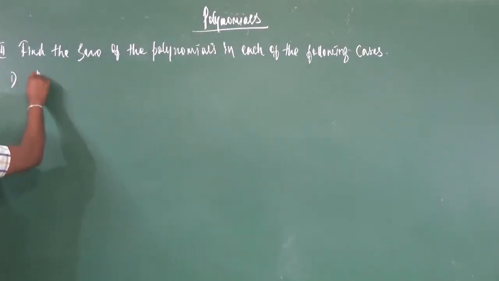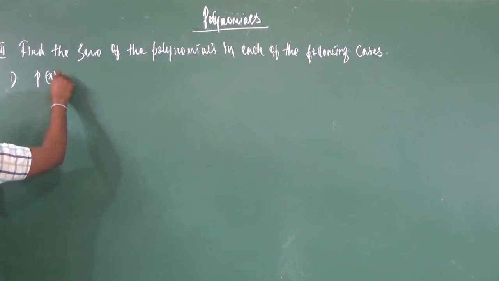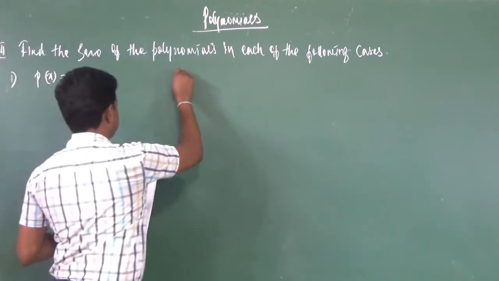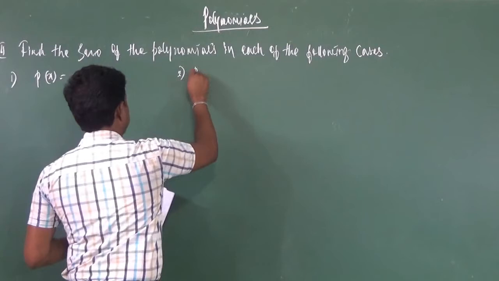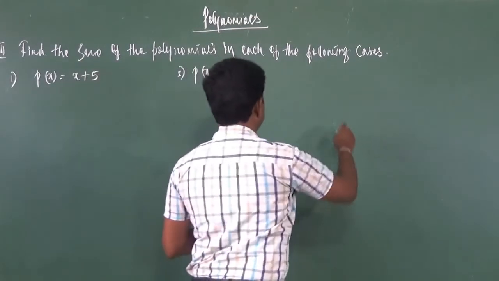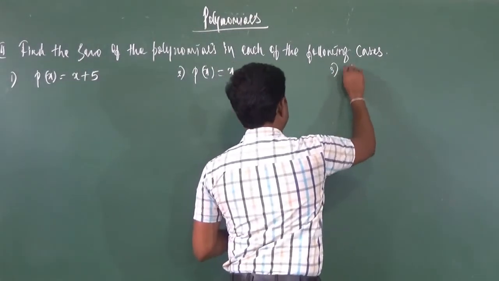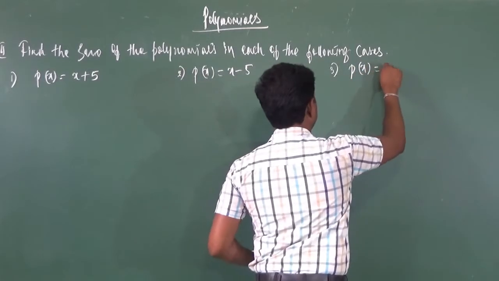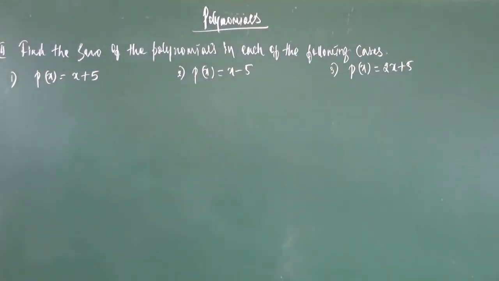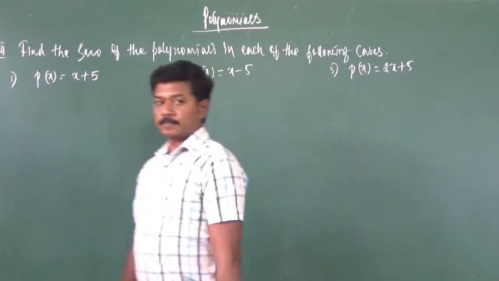First one, P of x is equal to x plus 5. P of x is equal to x minus 5. Third one, P of x is equal to 2x plus 5. Okay. Very simple. Don't worry.